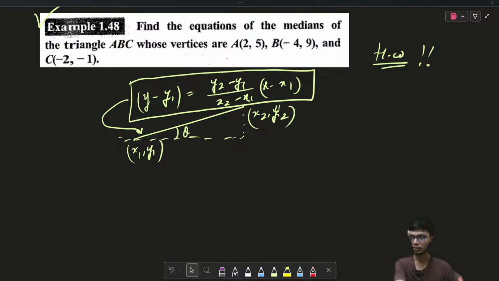Any answers, anyone? Have you all got the medians of this triangle?